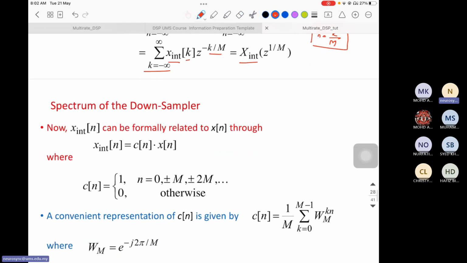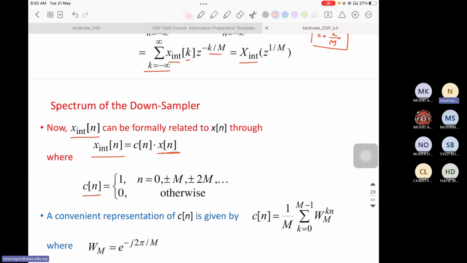So in this case of downsampler, now this x integer of n can be formally written in terms of x of n. So x integer of n, I will say this is c of n into x of n. What is c of n here? c of n equal to 1 for n equal to 0, plus minus M, plus minus 2M and so on.